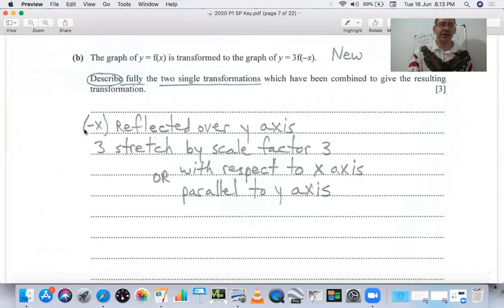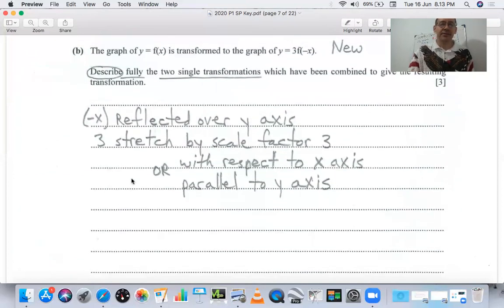So this negative x means we're reflected over the y-axis, and this 3 in the front, our y2 is 3 times y1, meaning that we have a stretch, that's the name of the transformation, a stretch by scale factor of 3. So our original y is now 3 times as high on the y-axis.